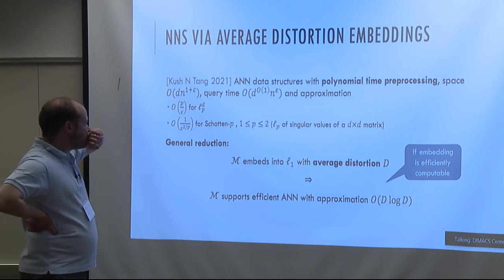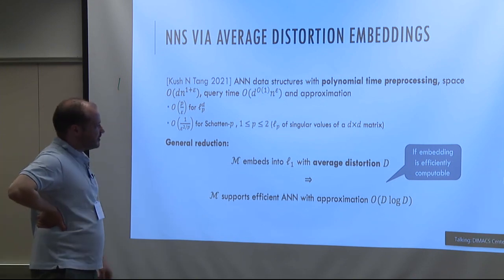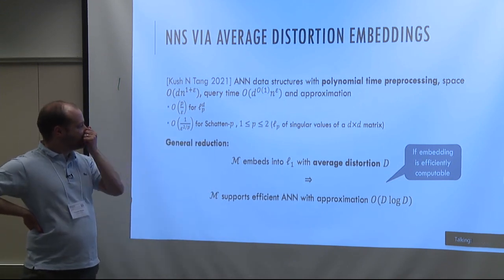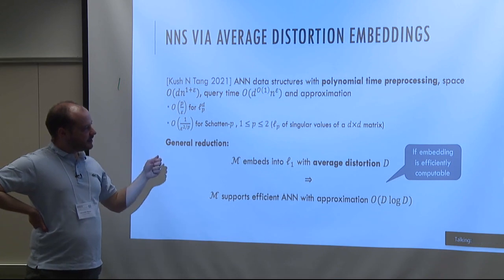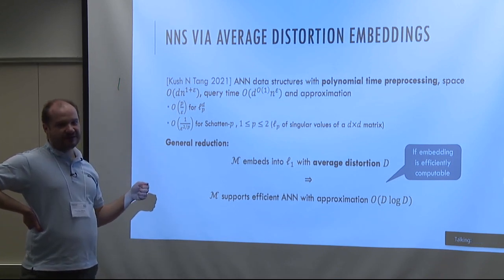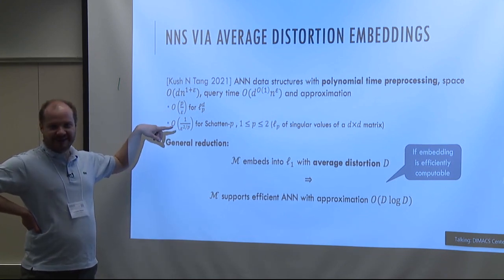Good. So the thing that's missing from the slide is that for Schatten-p, the embedding is of a snowflake. So in general, the dependence on epsilon is always like 1 over epsilon, I think.